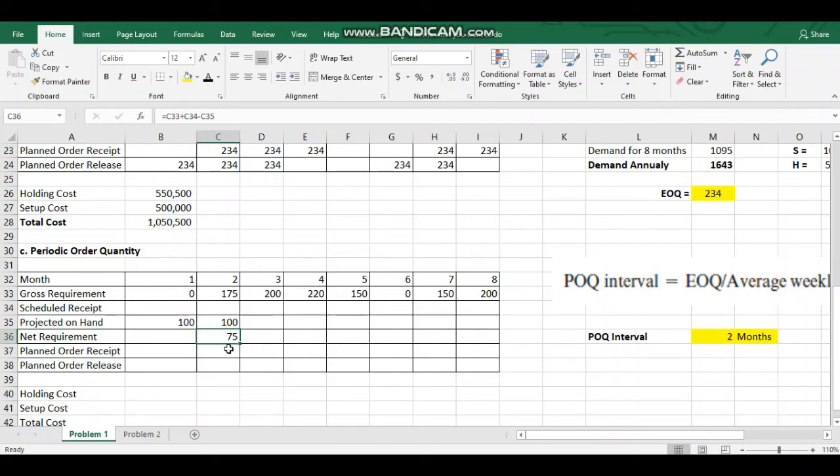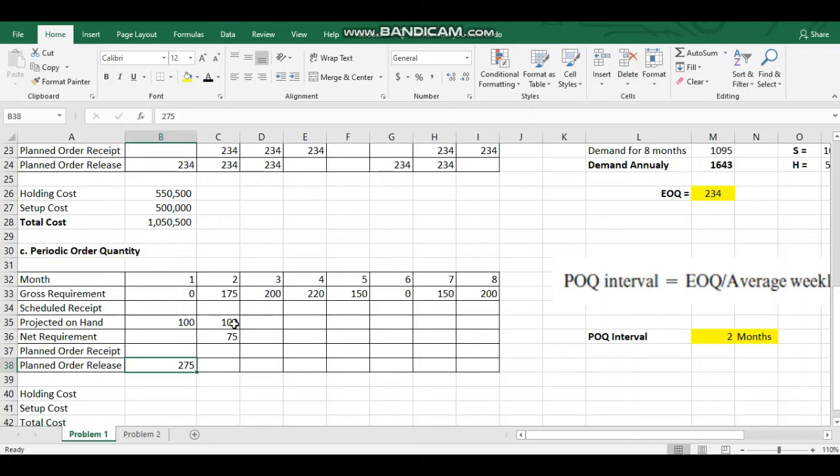Here we have to place an order, right, because we have a shortage. We place the order 1 month before, but this time the total number of units that we order is 275 units.